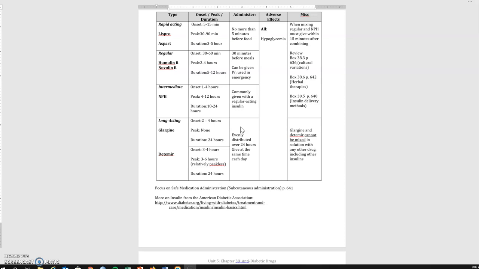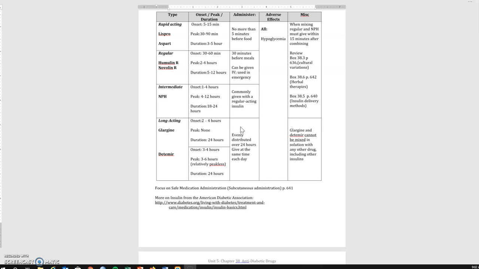Long-acting insulin is very beneficial to a patient who needs to travel long distances, for example, by airplane across the country or overseas, where they cannot easily carry insulin syringes and multiple needles with them on their trip. The drug also has the advantage of being evenly distributed over that 24-hour period.